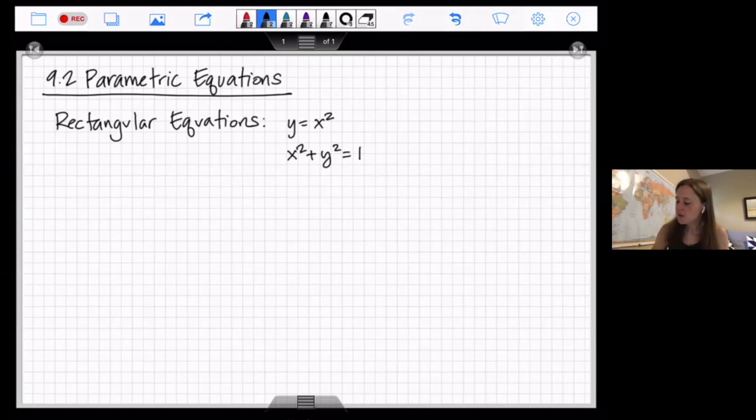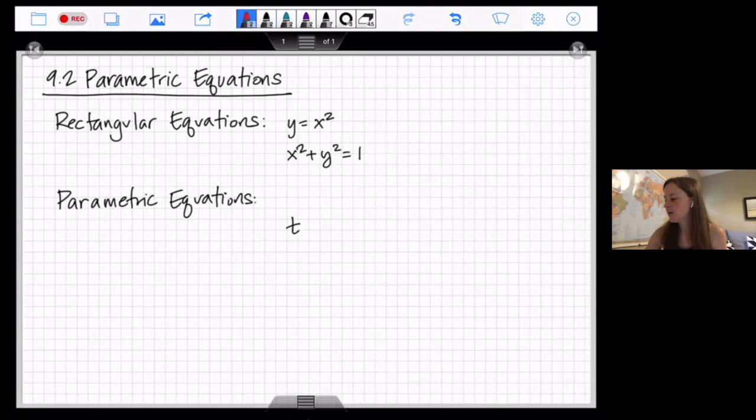All right, with parametric equations, like I said, there's this actor behind the scenes. And usually we call it the letter t. All right, and that letter t is called our parameter. Okay, and it's the variable that you don't see in the graph, but the one that's behind the scenes, pulling the strings and telling x and y what to do.